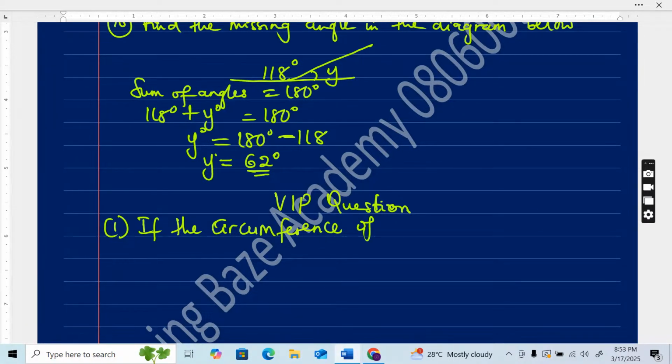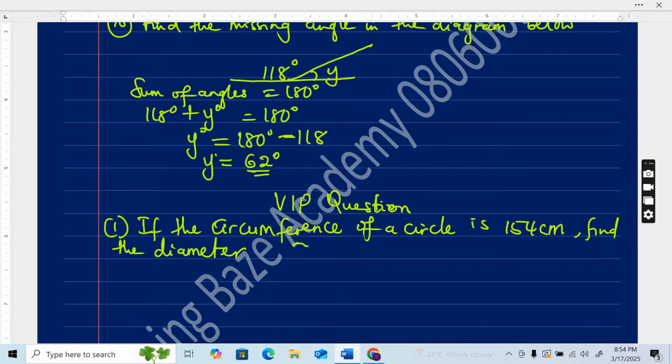If the circumference of a circle is 154 centimeters, find the diameter. Let me give you a hint: pi is equal to 22/7. Let me just give you the formula.